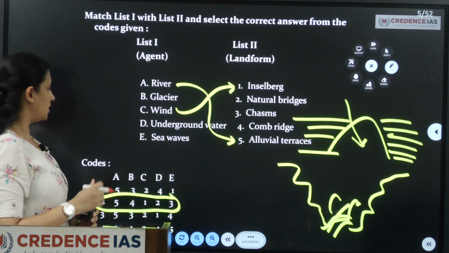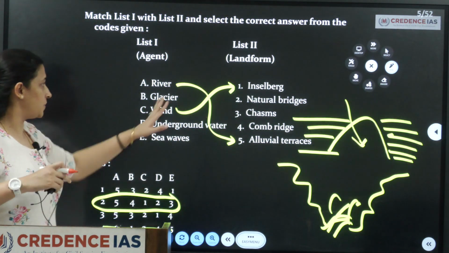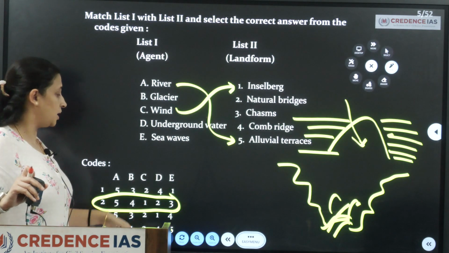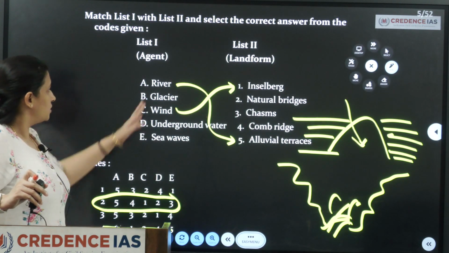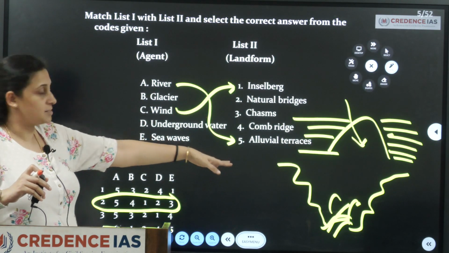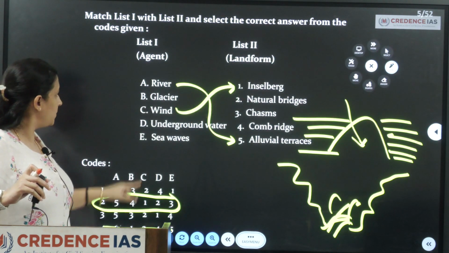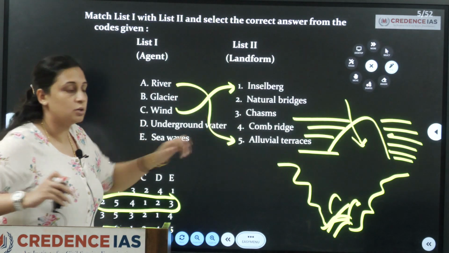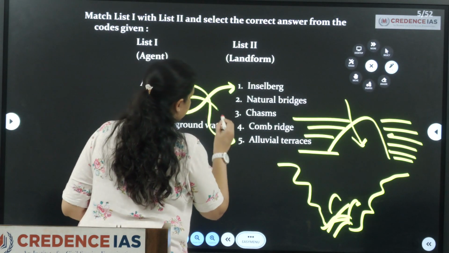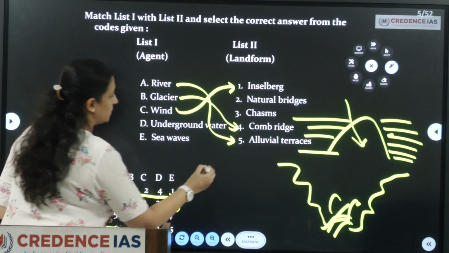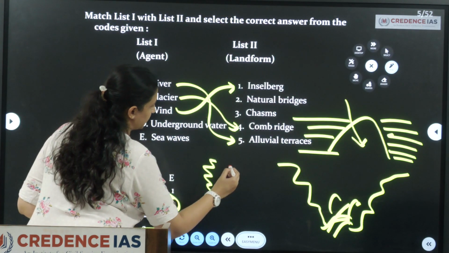So the answer here is B. Just by seeing the options we can eliminate the other options. River gives alluvial terraces, wind gives Inselberg. Now B, glacier forms Combe Ridge, it will be something like this.